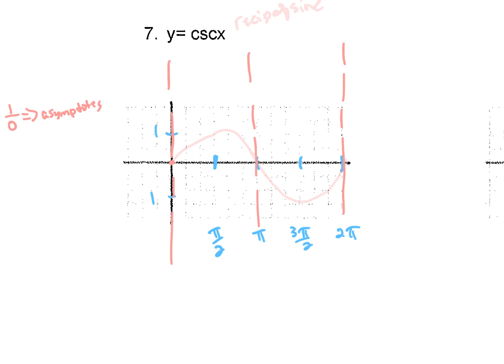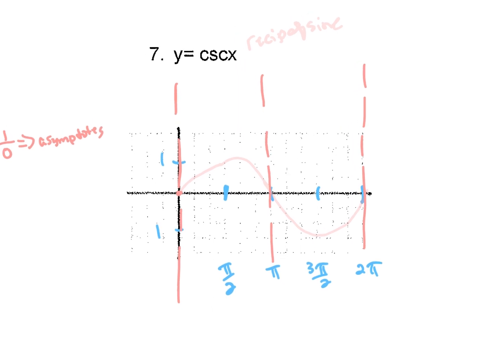And then 2 critical points that you're going to draw in, and I didn't do a very good job of drawing it here, but one of those critical points is at 1. If I ask you to take the reciprocal of 1, then we flip 1 over 1, which still just gives us 1. So this point is on both our sine graph and our cosecant graph.